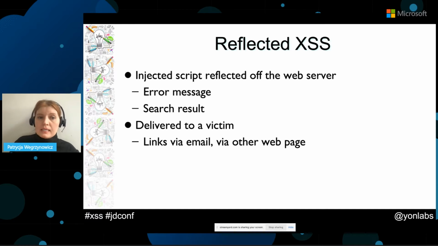Reflected XSS happens when an injected script is in the URL, and then a web server reflects it in the response. So it's delivered to a victim via a link, via another web page and links in those web pages.